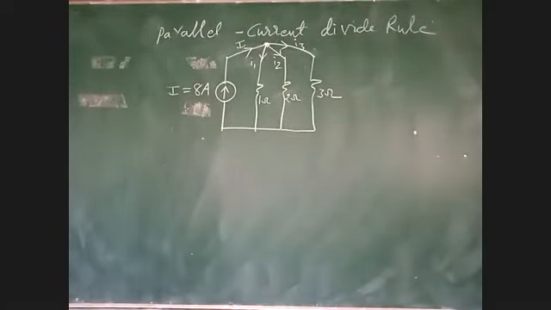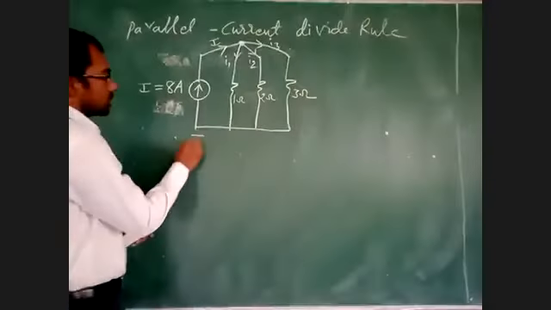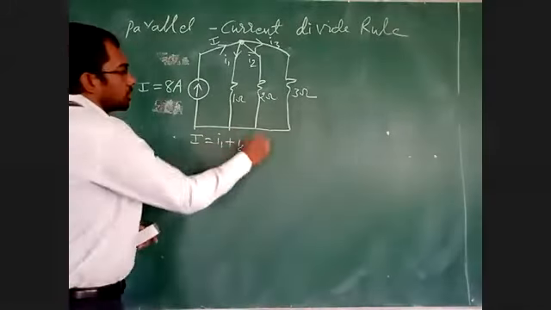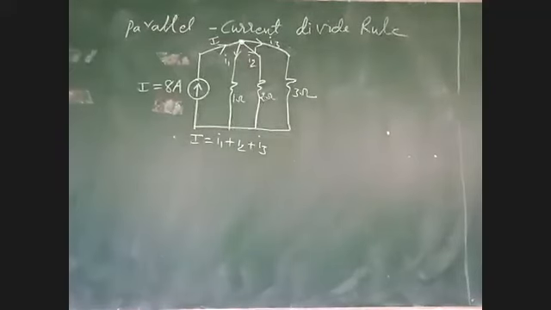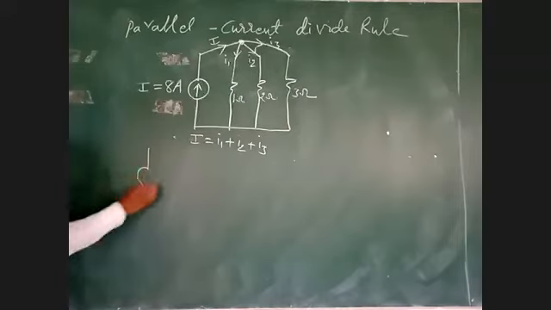Total current I, the incoming current, is equal to outgoing currents I1, I2 and I3. Now we have to determine I1, I2 and I3. First I will determine I1. So what I am doing is, see here.